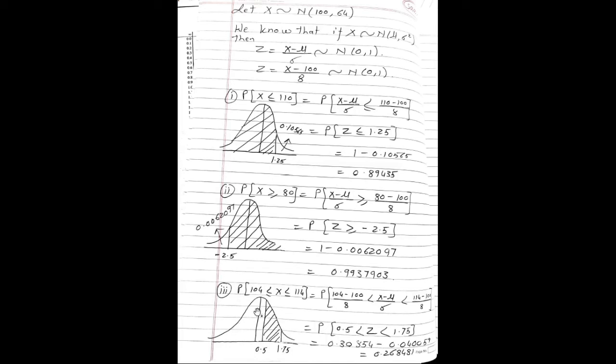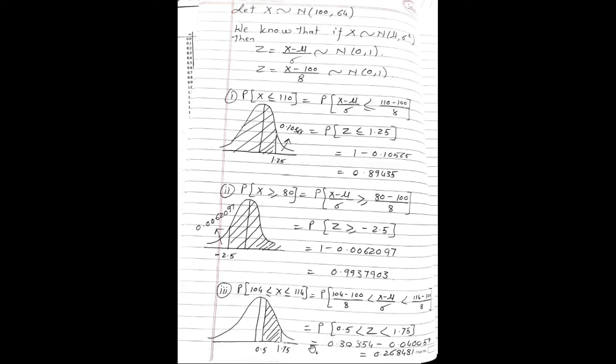So this is the normal probability curve. 0.5 will come on the positive side, 1.75 will also come on the positive side. In such cases, we will have to subtract the smaller probability, which is 1.7 in the fifth column. That probability should be subtracted from the probability of 0.5.